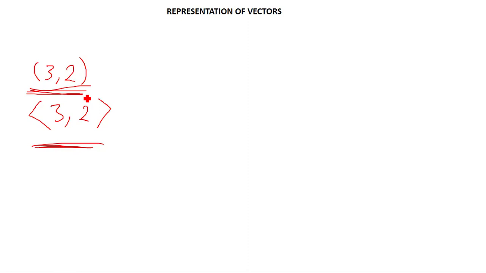Apart from that, you can also represent vectors in ijk notation. So this ⟨3, 2⟩ can also be written as 3i plus 2j. If we had another number here, for instance 4, we can also include the third letter, which is k, meaning we're going to put 4k there.